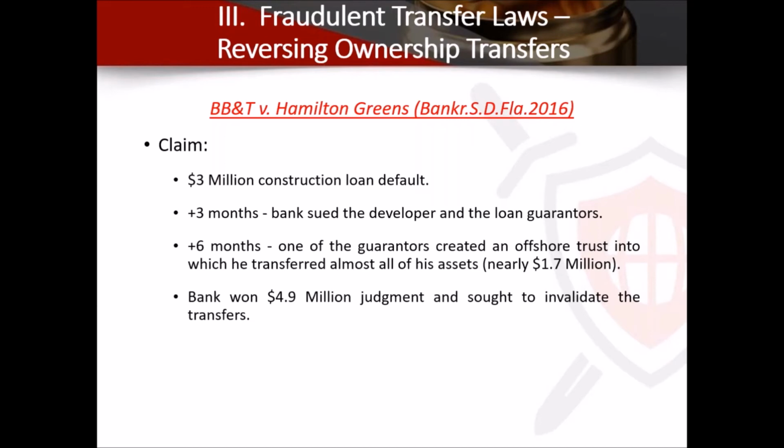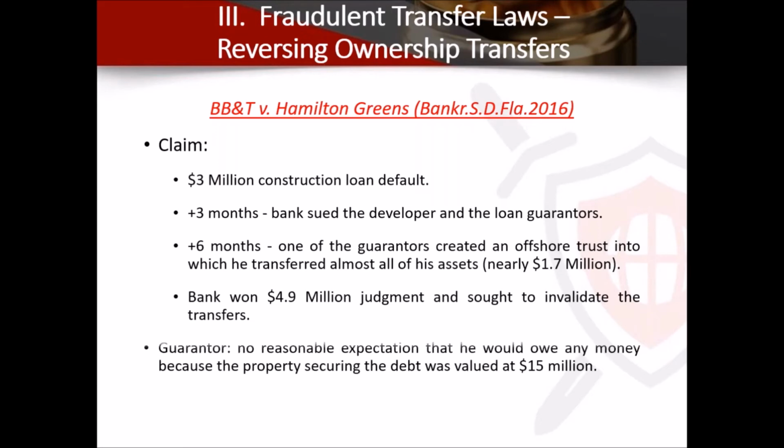I think you're knee deep in fraudulent transfer territory there. And the bank won the judgment and sought to collect. A lot of times what happens with these individuals who aren't properly guided is they create a foreign trust and they leave all the assets in Florida or wherever they live.